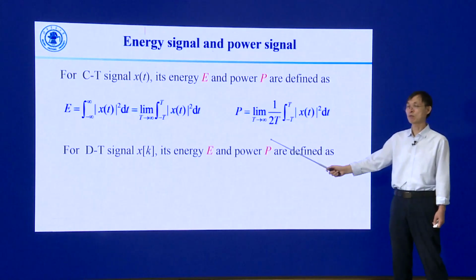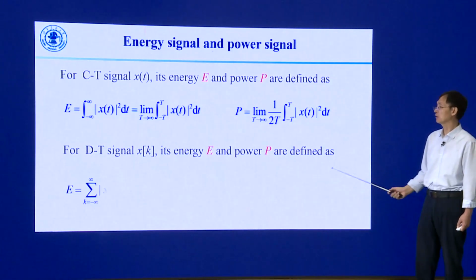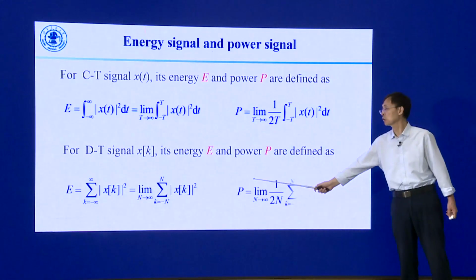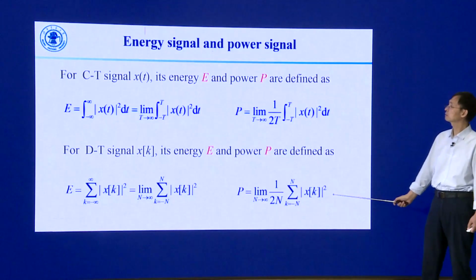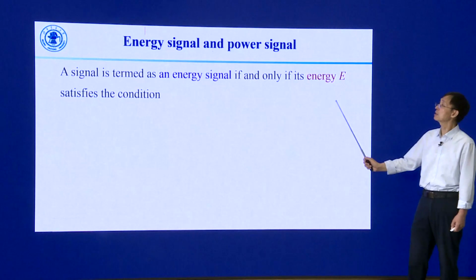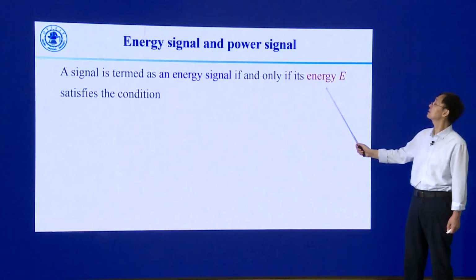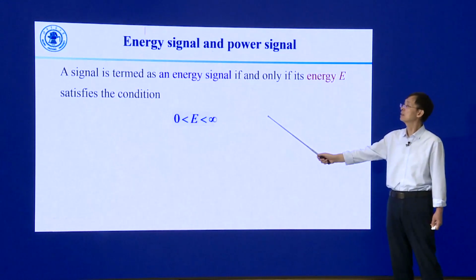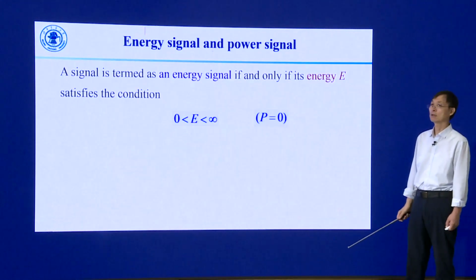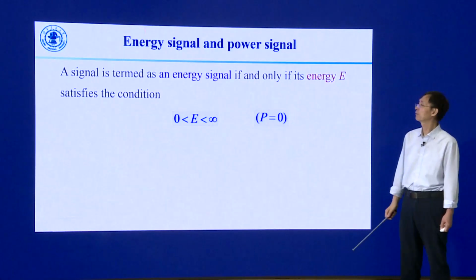For a discrete time signal, its energy and power are defined as in these equations. A signal is termed as an energy signal if and only if its energy E satisfies the condition, and its power should be 0.